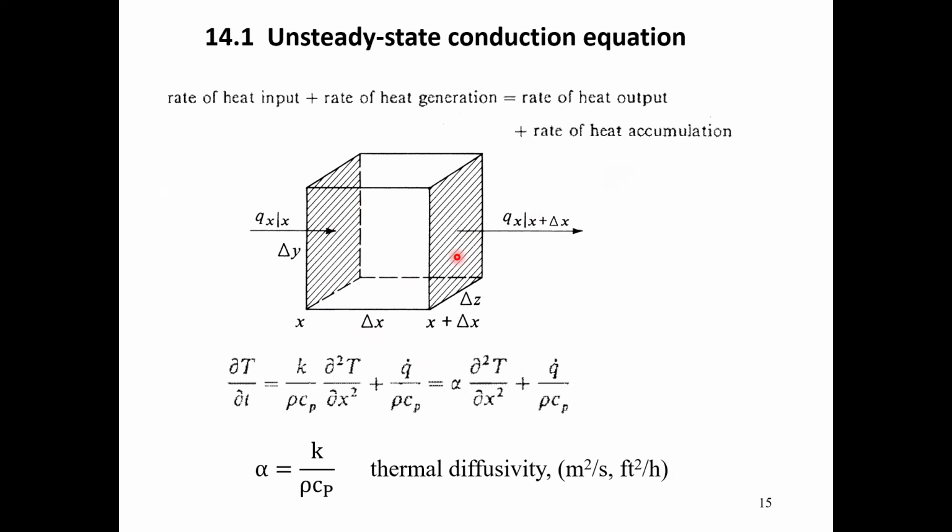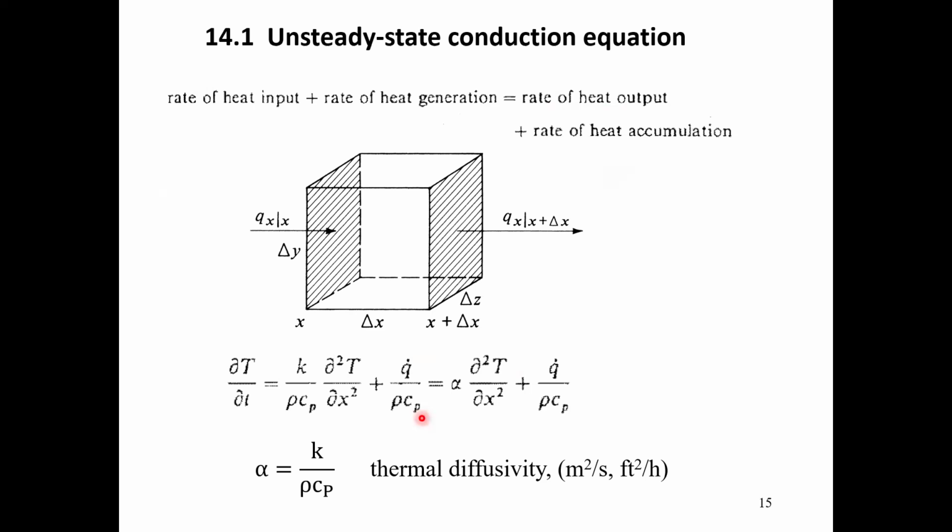Basically, across this unit volume, rate of heat in plus rate of heat generated within this unit volume would be equal to rate of heat output plus rate of heat accumulation. With that, you will come up with this general form for unsteady state heat conduction. You will look at these repeatedly in your advanced transport phenomena. You would spend some more time getting into this, but I just want to give a glimpse of this equation for you to familiarize with it.